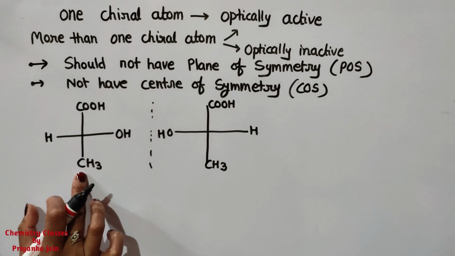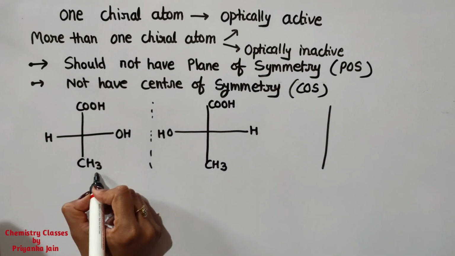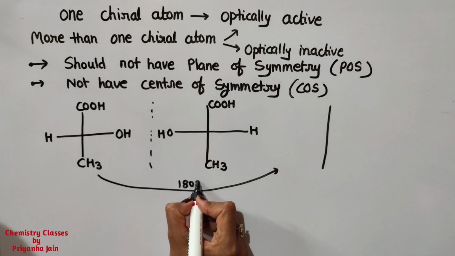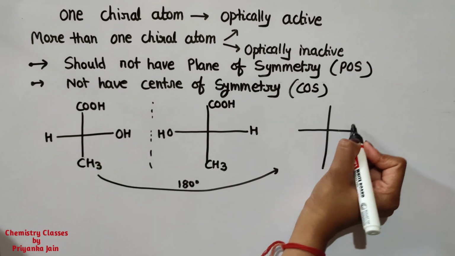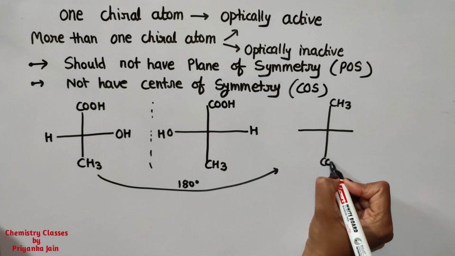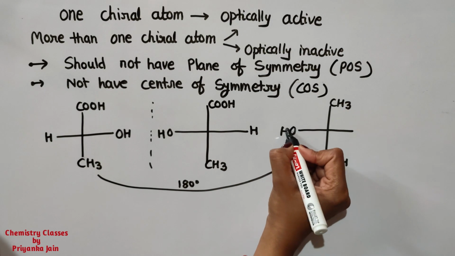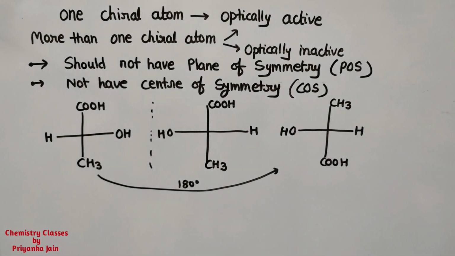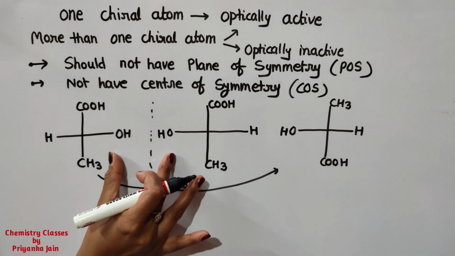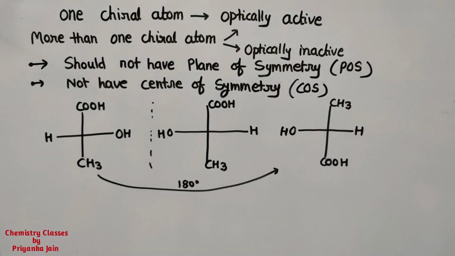But see here, this is CH3 here, and if we rotate this molecule by 180 degrees, this CH3 will go up, and here will be COOH, right, and this OH will go here and H. So you can match here. The two molecules are not identical, these are different. So these two molecules are not the same, they are not homomers, they are the enantiomers, right.